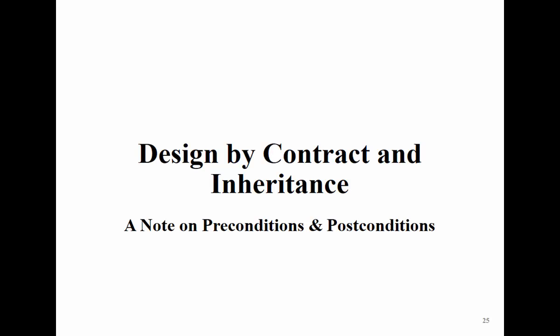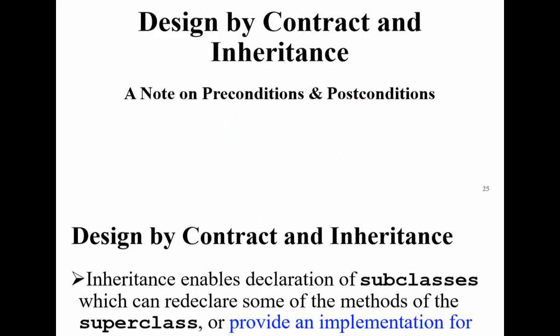Now we close polymorphism and we start design by contract and inheritance. And we need to see the impact of using inheritance on preconditions and postconditions. Okay? We have some preconditions, postconditions, and we need to see the impact of inheritance on these conditions.